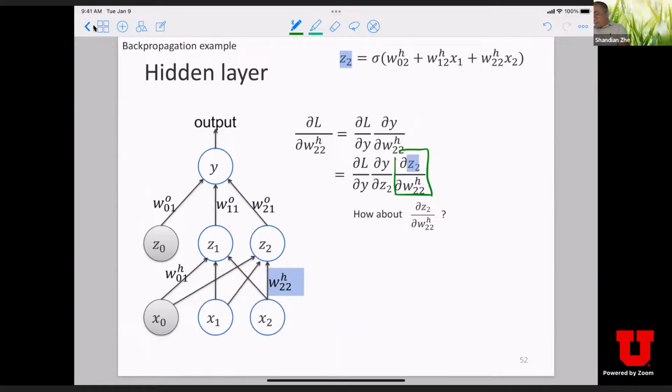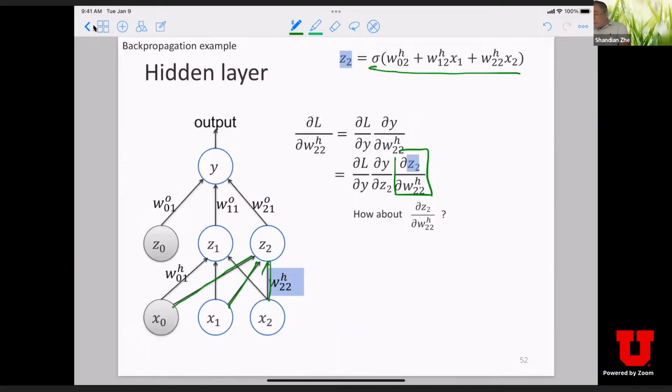First, how is Z2 computed? For any neuron in the hidden layer, in addition to a linear combination, we also apply a nonlinear activation function. This is how we compute Z2. We first do a linear combination of the incoming neurons, weighted by the weights on the edges, and then we apply the nonlinear activation function.